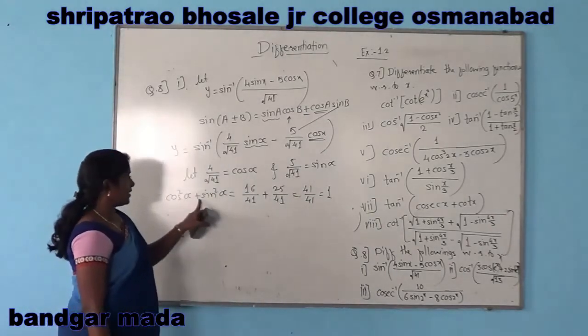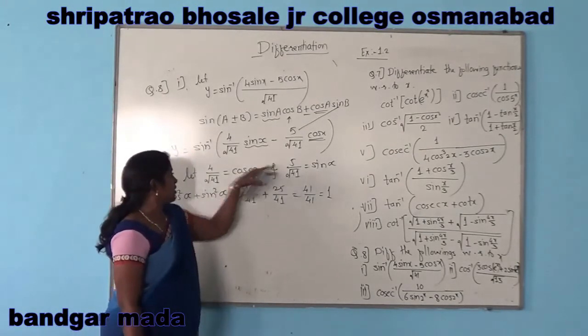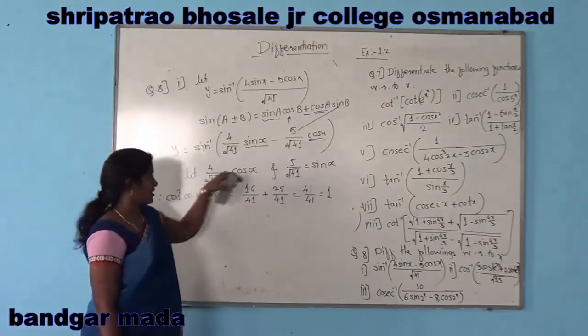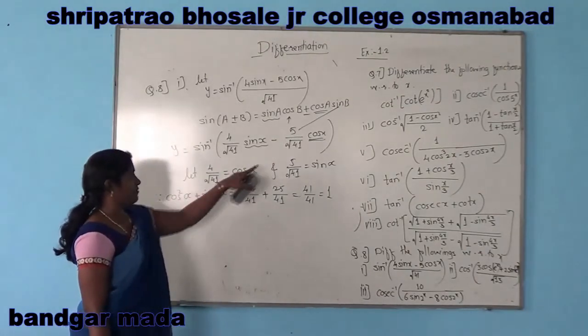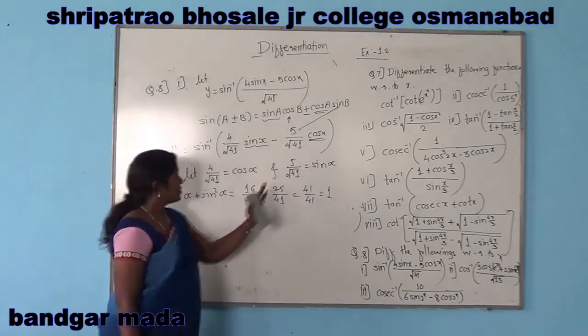Now, sin square theta plus cos square theta is equal to 1. This formula is satisfied for these assumptions, so we can consider 4 by root 41 and 5 by root 41 as cos alpha and sin alpha.